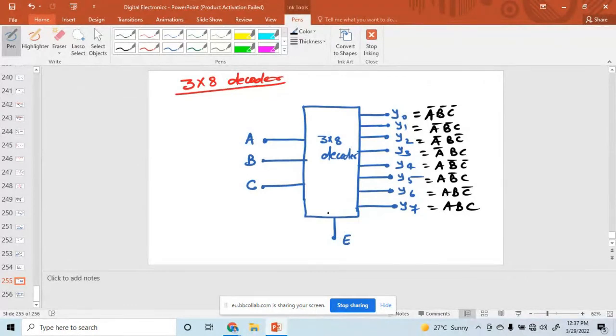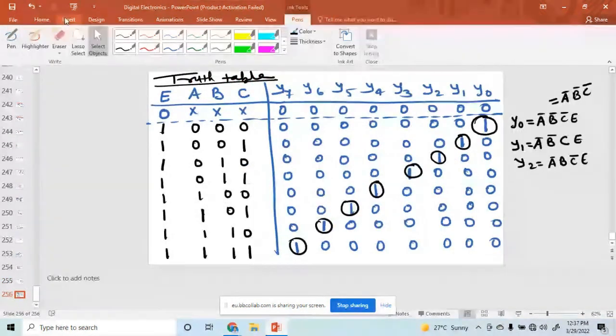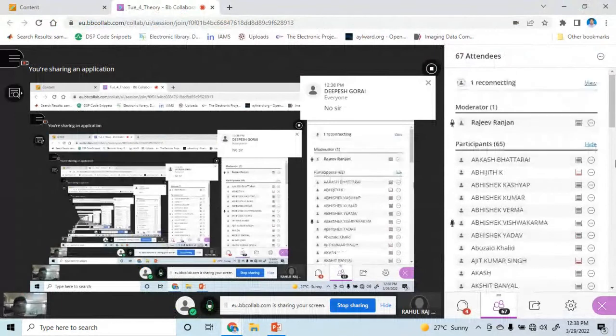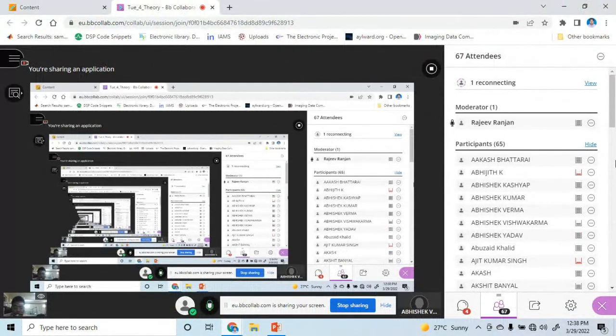So anyone have any doubts or any query up to this point? Yes, everyone give your response. Yes, sir. No doubts. Clear, sir. This way you can design any decoder circuit, 2 to 4, 3 to 8, like this, 4 to 16.